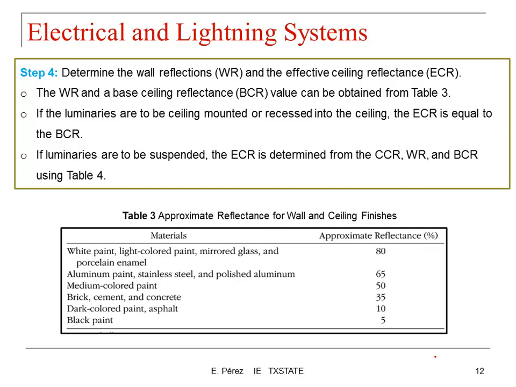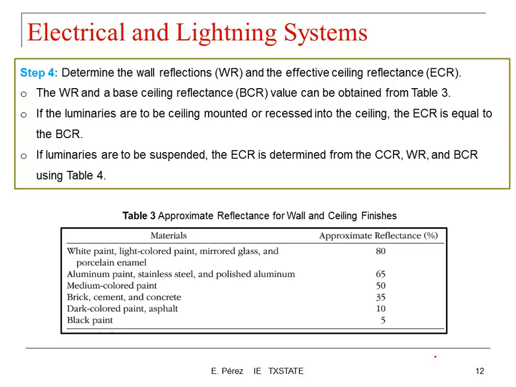Step number 4, determine the wall reflectance, WR, and the effective ceiling reflectance, ECR. The WR and the base ceiling reflectance values can be obtained from table 3. So here we have, depending on the materials that are used in your room, you can determine what is the approximate reflectance.